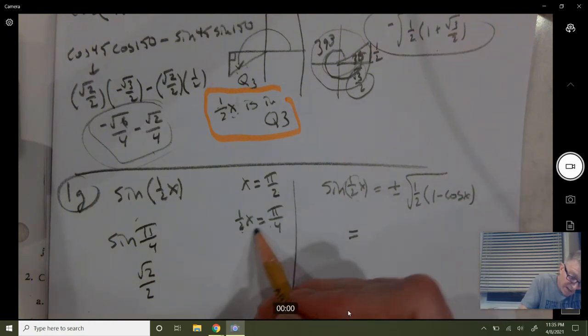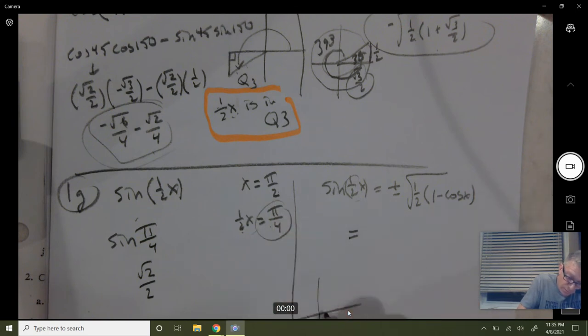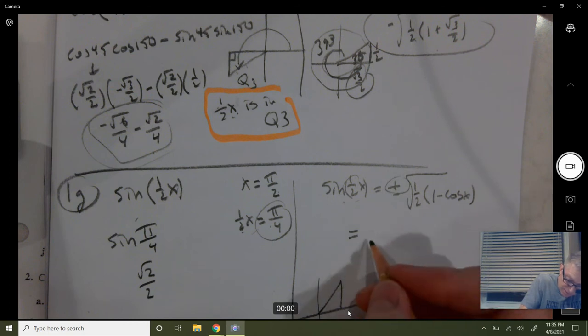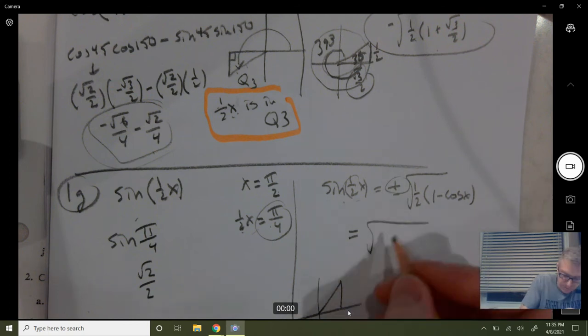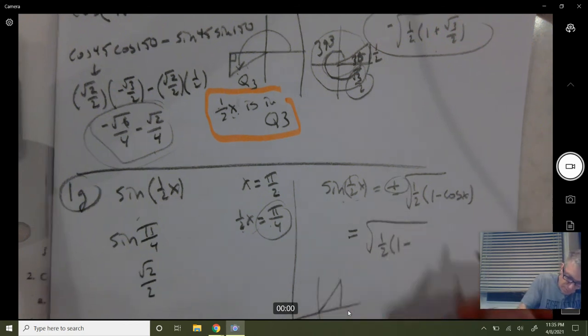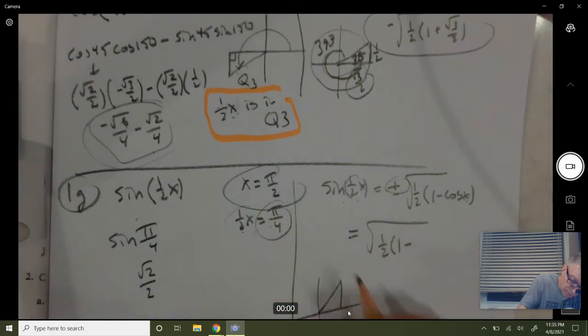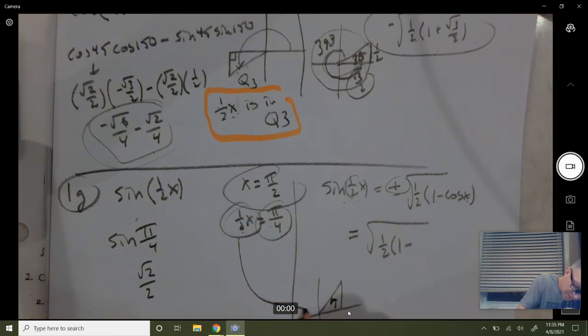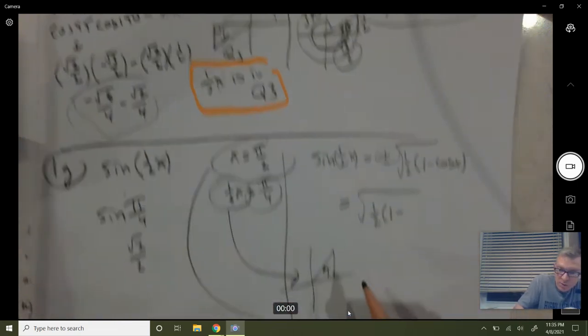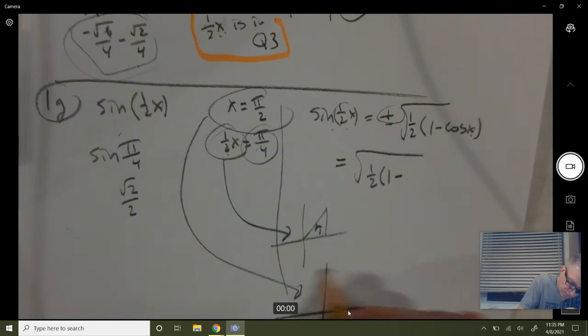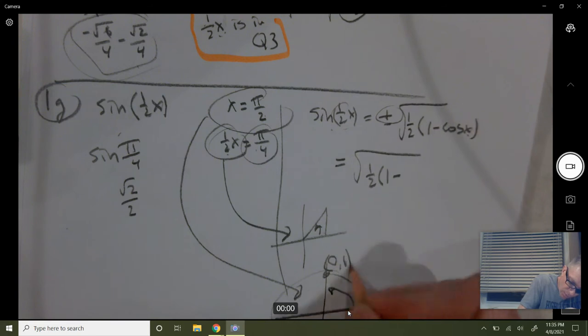Now, 1/2 x we know is pi over 4. Pi over 4 is in quadrant 1, so the sign is positive, so we can drop the negative. We have 1 minus cosine of x. Well, x is pi over 2. Pi over 2 gets you up here at 0, 1.